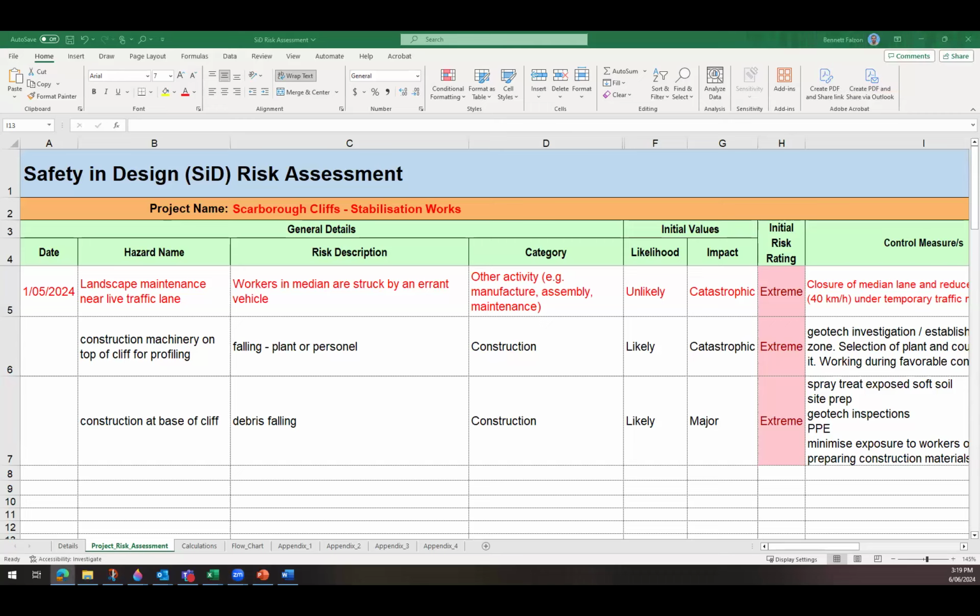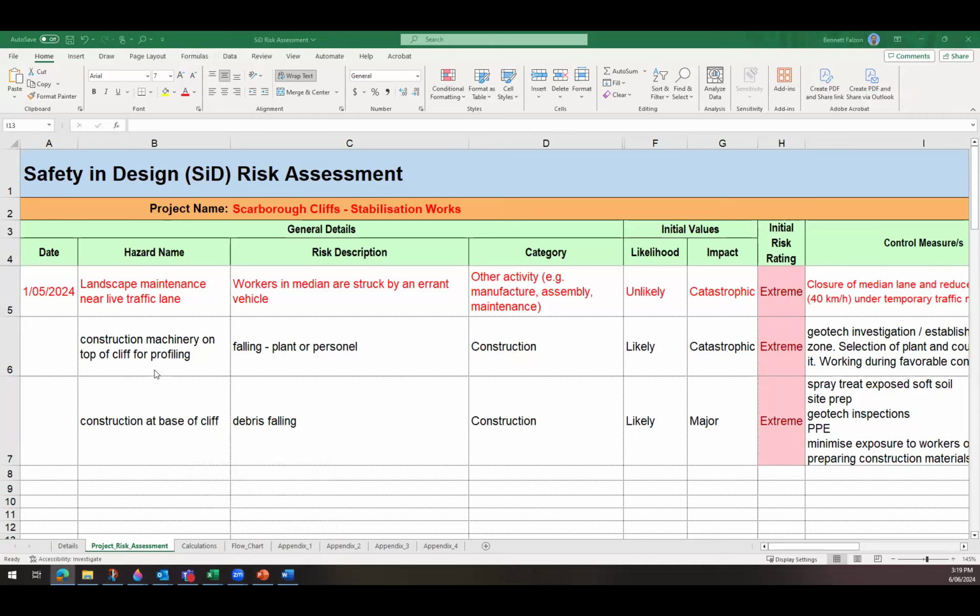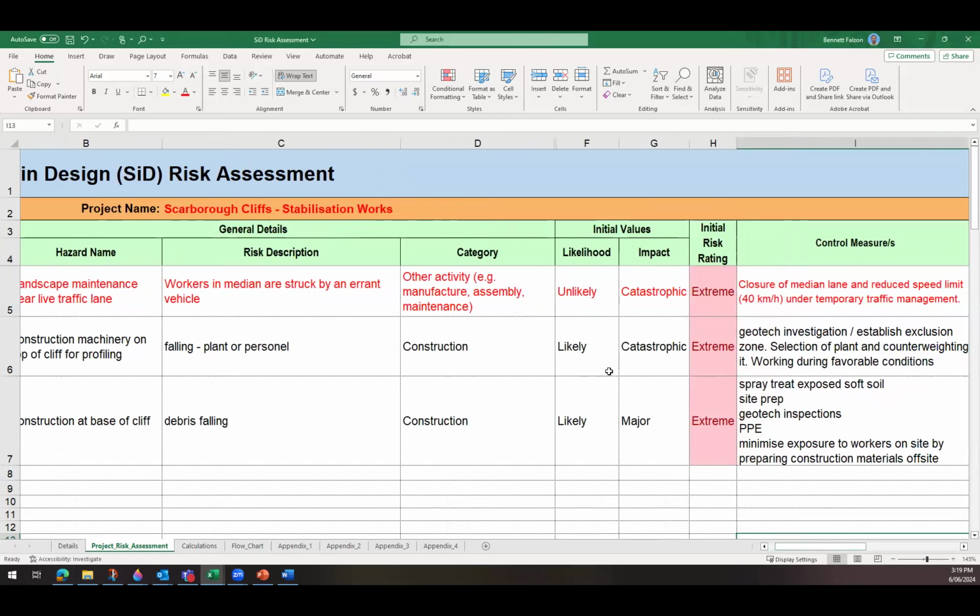There we are. So this is the cliff stabilisation project at Scarborough. If you could take us through your hazards, risks, how you've assessed them, and your control measures that you've identified, Bennett. So we identified construction machinery on top of the cliff for profiling, and the risk could be plant or personnel falling. That falls in the construction category, and without any measures in place, that's likely, and it's going to be catastrophic.